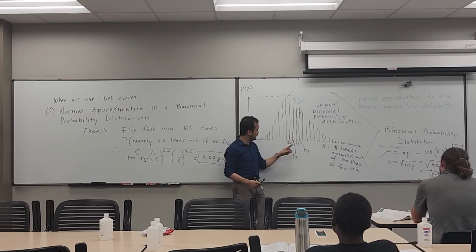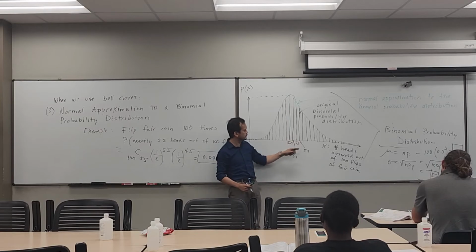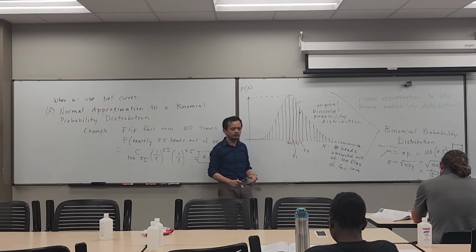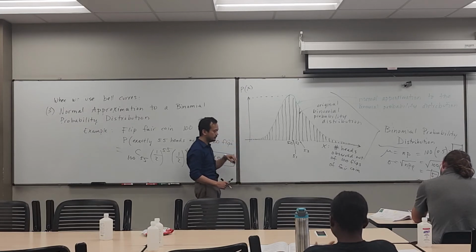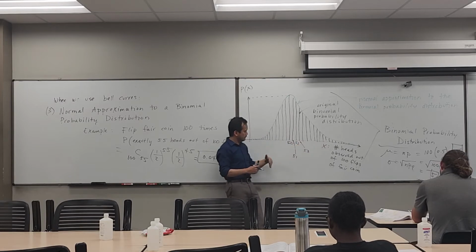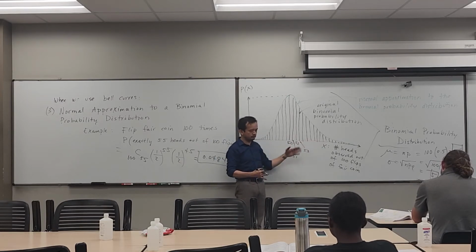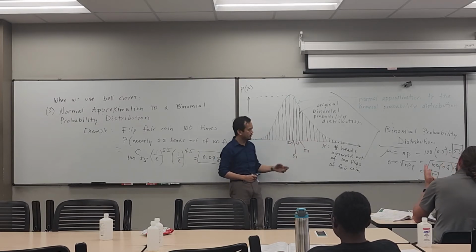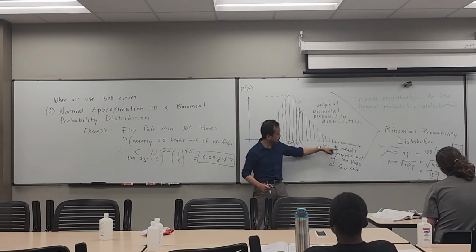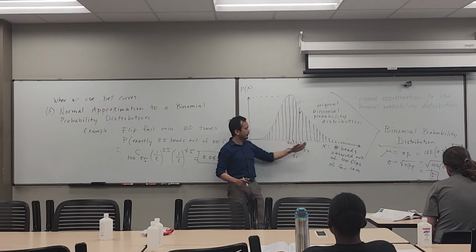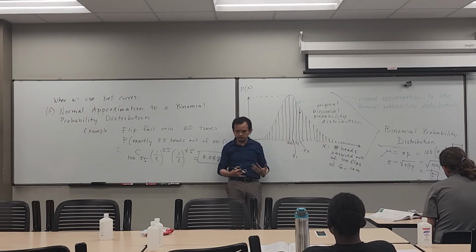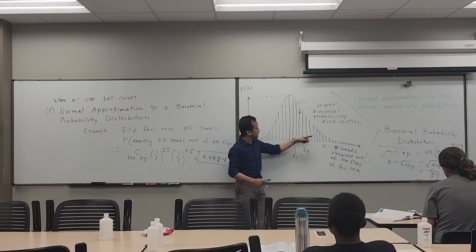So between any whole numbers here, you have these gaps that represent zero probabilities. In a discrete distribution, there are a huge number of values in the spectrum that have no representation. Versus a continuous distribution, the bell curve, where all values in this range are possible and have representation.